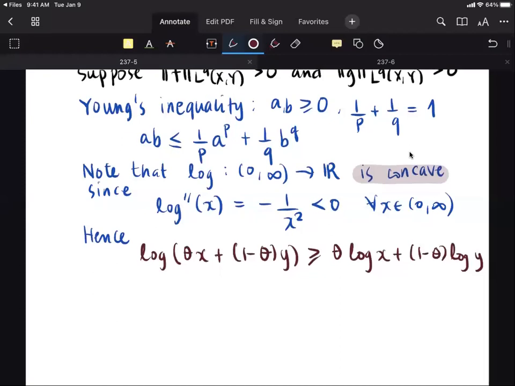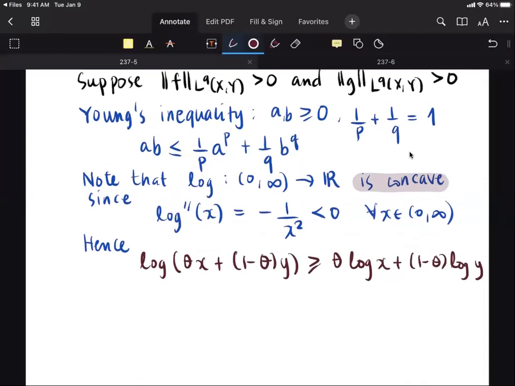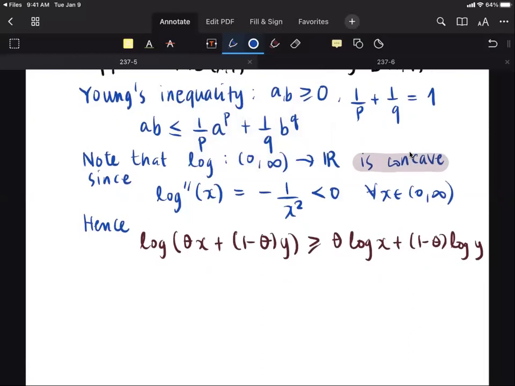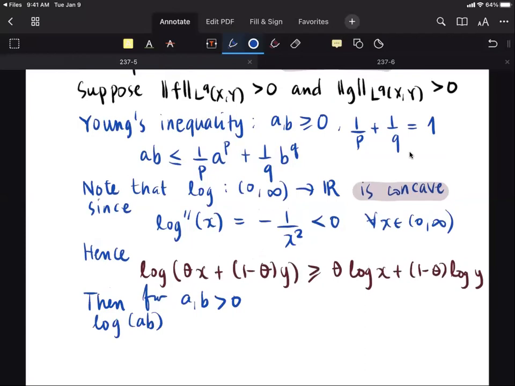So that is concavity, the opposite inequality for convexity. Okay, so according to this concavity of the log, if I take the log of the product, here, of course, a and b must be positive. Okay, but take note that if a is 0 or b is 0, then this inequality is trivial because the left-hand side is 0.